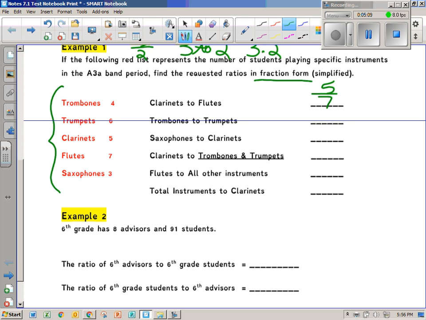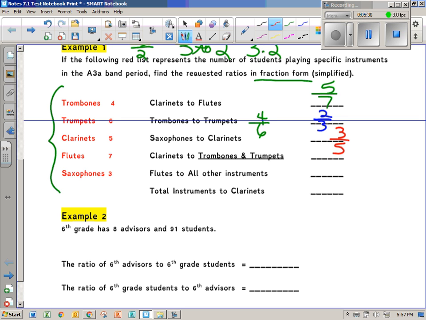Trombones to trumpets. 4 to 6. Now 4 over 6 simplifies to be 2/3. So I'm going to write 2/3 over there. Saxophones to clarinets. That's 3 to 5. That doesn't simplify, so I'll go ahead and just write 3 over 5. I didn't leave much room over there. Now, this next one's a little different.